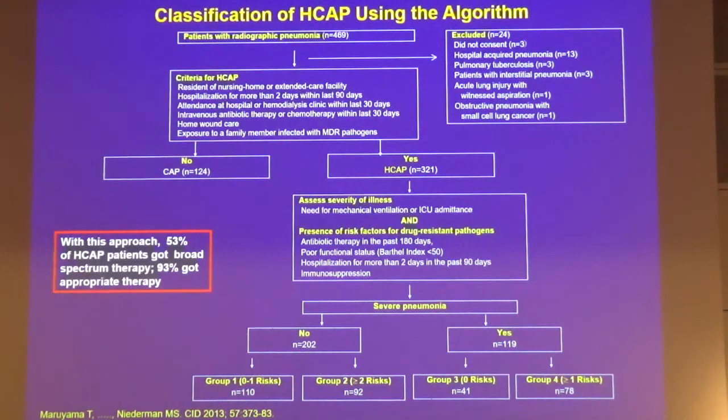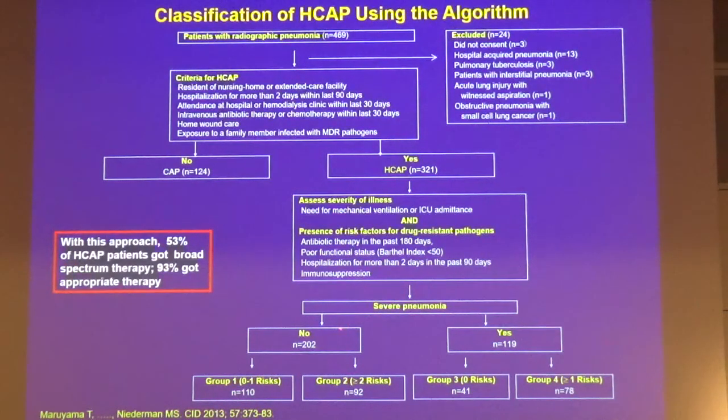In the 320 or so patients with healthcare-associated pneumonia, we divided them on the basis of severity of illness, and then we looked at 4 specific risk factors: antibiotic therapy in the last 180 days, poor functional status defined by a low Barthel's index, hospitalization for more than 2 days in the last 90 days, and immunosuppression. And then we further looked: did they have severe pneumonia, yes or no?